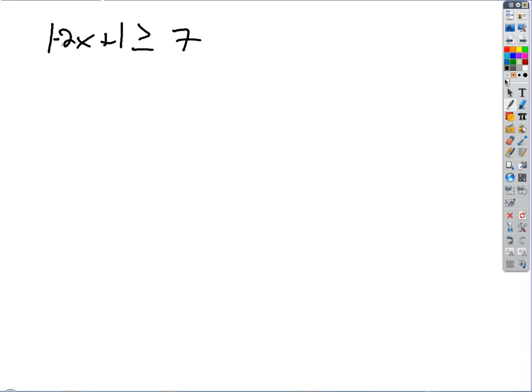Remember what we do here is whatever's inside the absolute value bars, the argument, the negative 2x plus 1, is either going to be what?